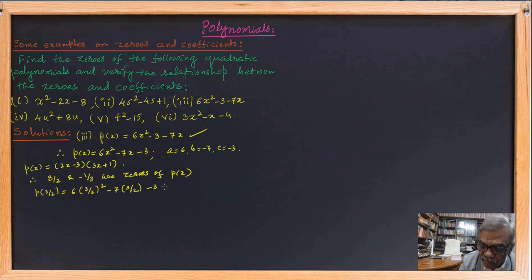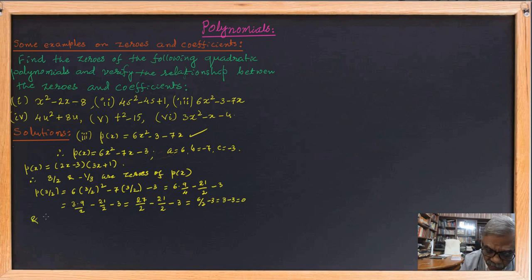That is 6 into 9 by 4 minus 21 by 2 minus 3, that is 3 into 9 by 2 minus 21 by 2 minus 3. This is 27 by 2 minus 21 by 2 minus 3, that is 6 by 2 minus 3, that is 3 minus 3, 0.